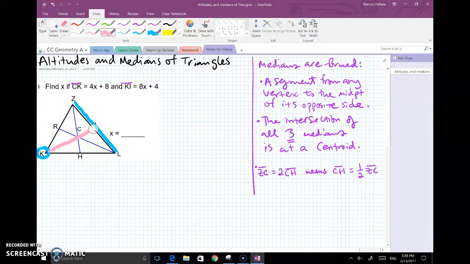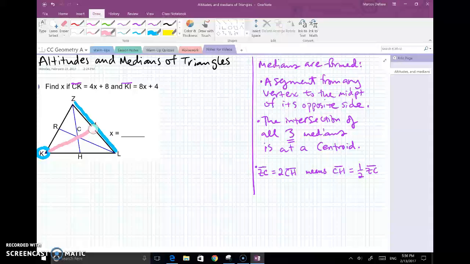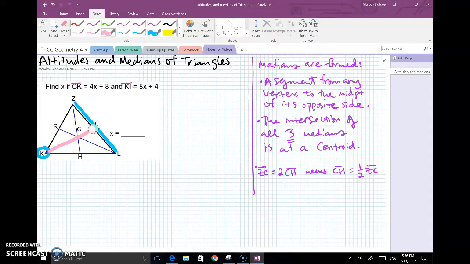And that would be considered the median, or one of three medians of this triangle. There are a total of three medians in the triangles that we look at, because the triangle has three vertices.